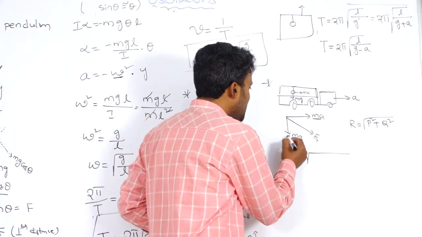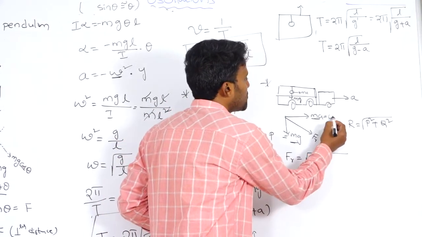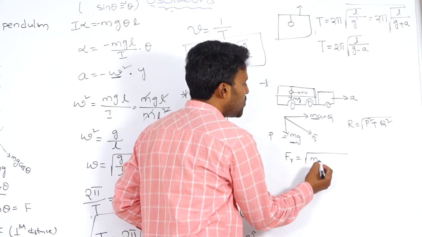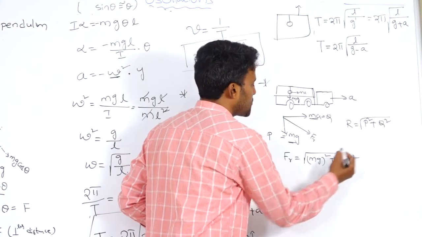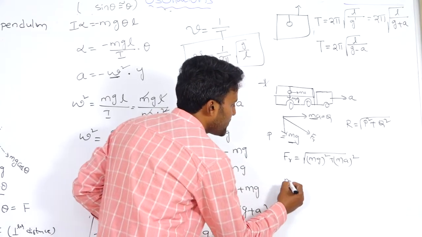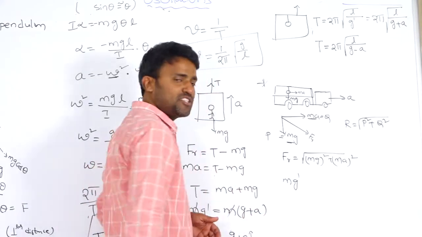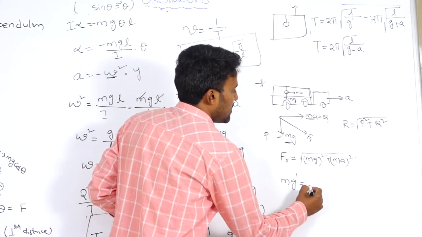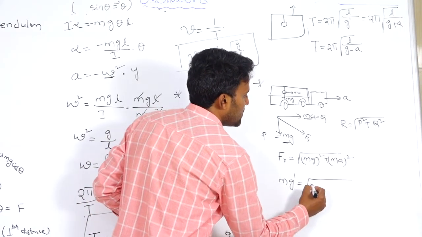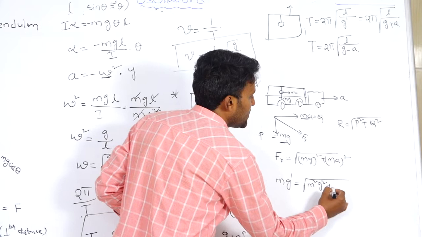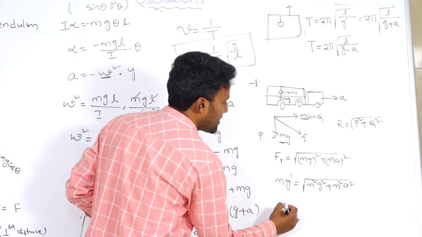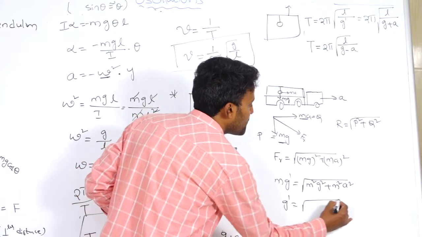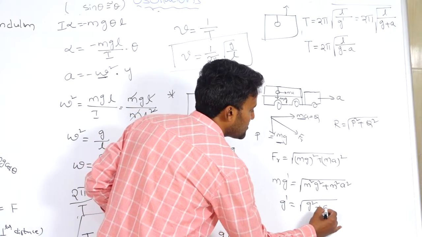I am assuming this one as P and this one as Q: mg whole square plus ma whole square. The resultant force is mg dash, equal to under root of m square g square plus m square a square. If I take m square common, m gets cancelled on both sides. g dash is equal to under root of g square plus a square.